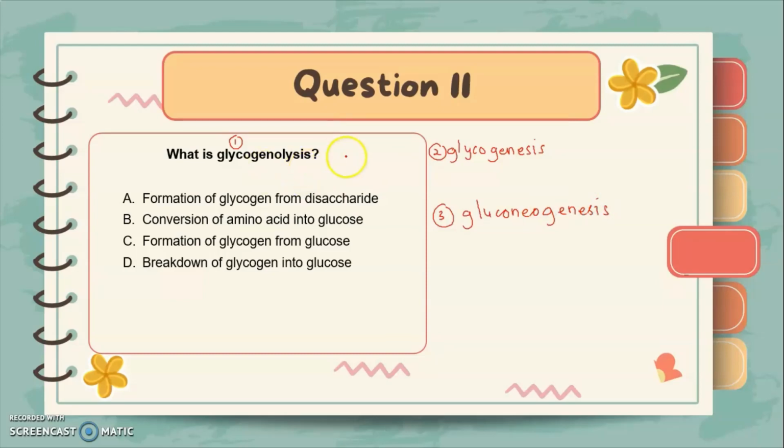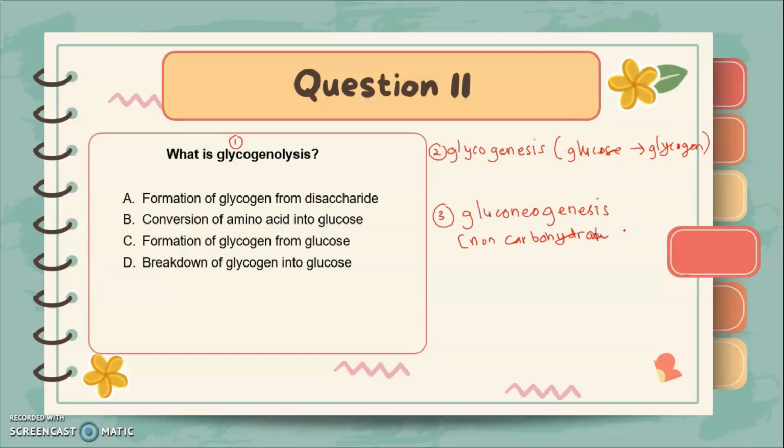Okay. So, kita tengok glycogenesis. So, glycogenesis adalah refer kepada conversion glucose tukar jadi glycogen. Okay. So, itu adalah glycogenesis. Manakala gluconeogenesis, okay, conversion of non-carbohydrate such as apa?